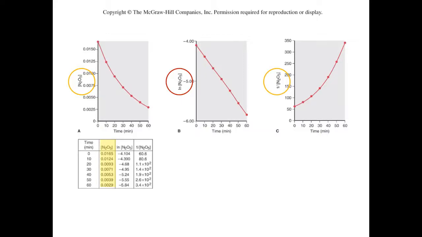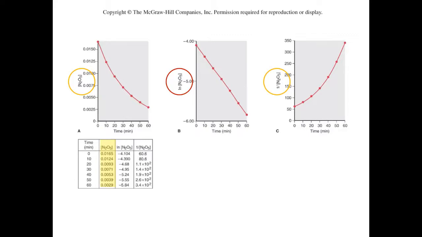Now, when you take the log of a number that is less than 1, and usually our concentrations are like 0.1 or 0.05, they're pretty small, you're going to get a negative number. So when you do your lab, if you're plugging in the concentrations, you would have negative numbers. Now, we're not going to use the actual concentrations.